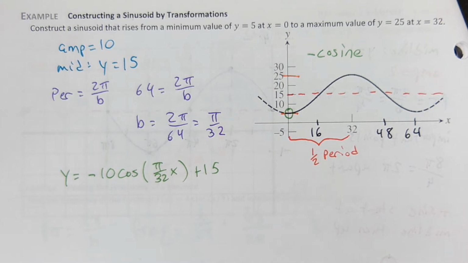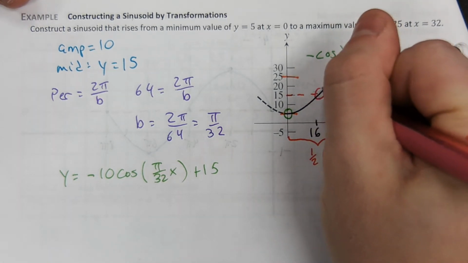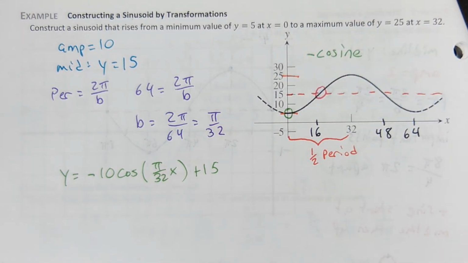So just for fun, let's go ahead and get an answer in sine. I'm feeling positive sine. What would be an appropriate x value to start at for a positive sine wave? 16. Right here, our graph begins at the midline and goes up.